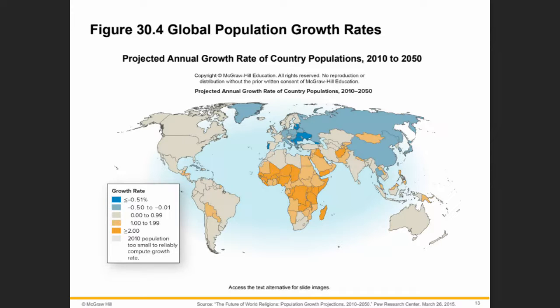Nevertheless, the more developed countries did not always have a low growth rate. Between 1850 and 1950, their populations doubled, largely because of the decline of the death rate.